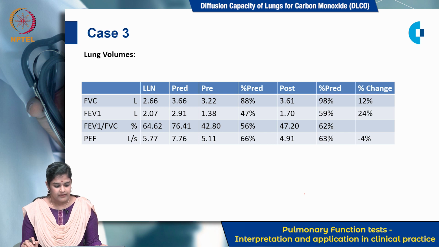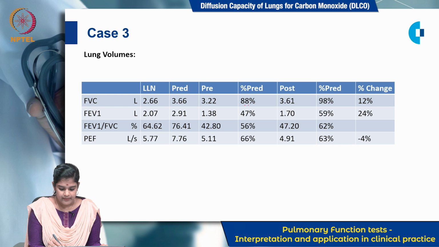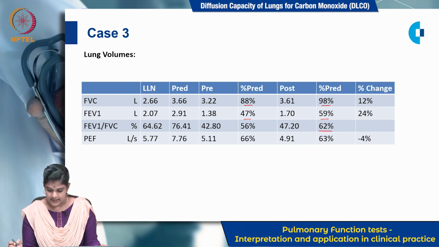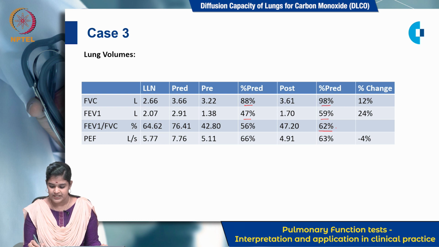Case 3, we have the spirometry values here where the pre-FVC is 88%, post is 98%, pre-FEV1 is 47%, 59% is post. FEV1 by FVC ratio post is 62%, which tells that there is an obstructive disease.